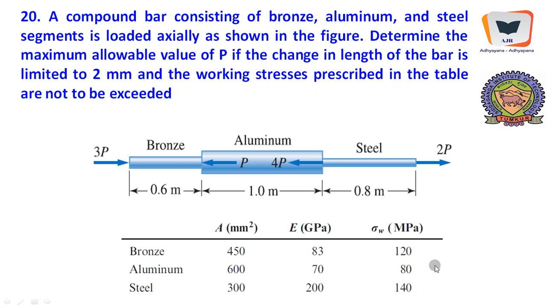Therefore we have two criteria over here. One, the net deformation should be less than or equal to 2 mm, while the stresses should be within the limits indicated for the different materials out of which the entire component is made. So we will just tackle this problem.